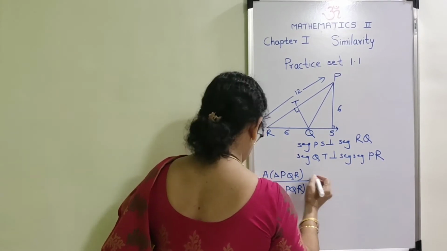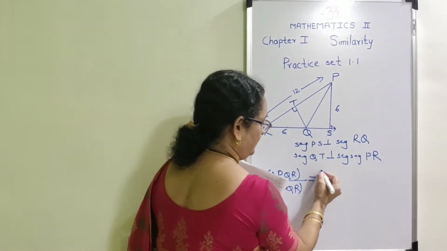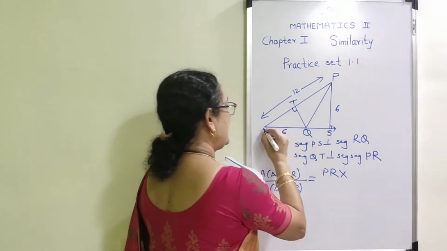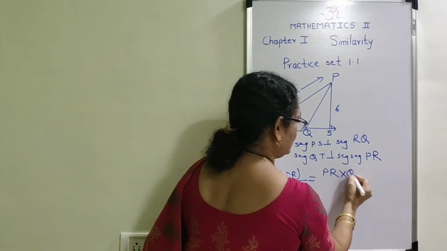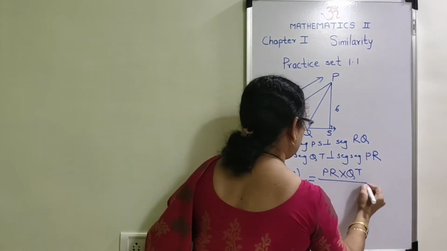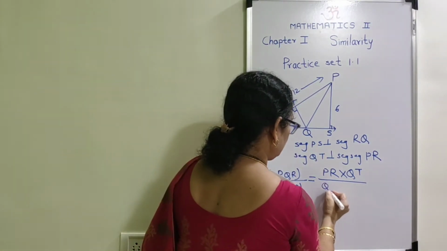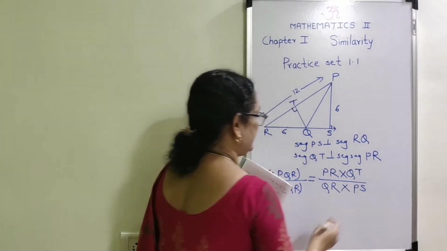Now for the first time, I am going to consider PR as the base. When I have considered base PR, QT is the height. And when I am going to consider base QR, at that time PS is the height.